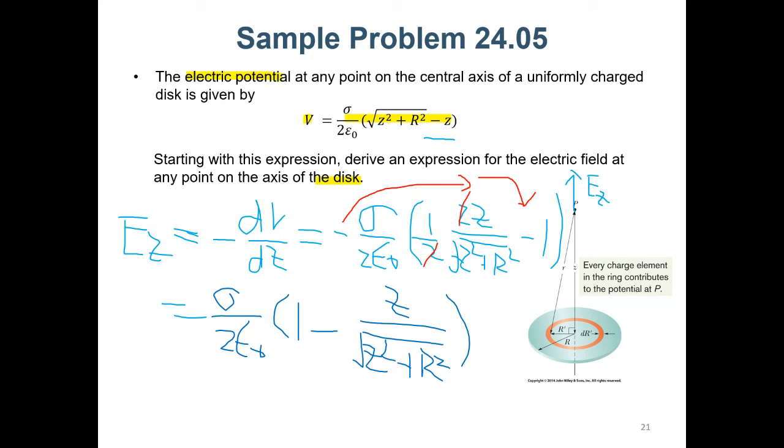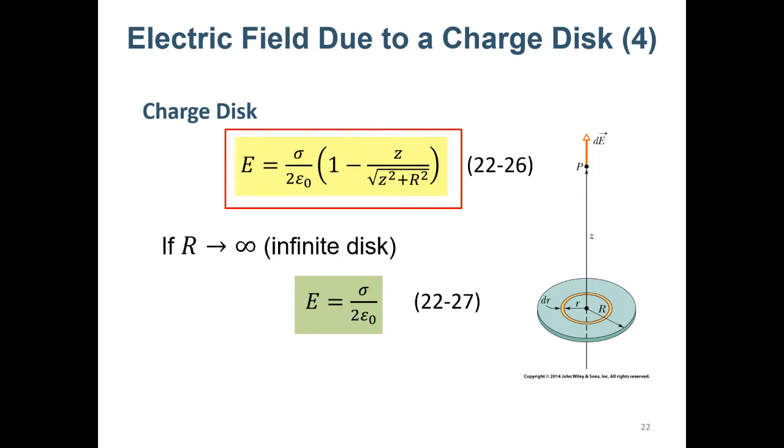We have derived it in chapter 22. At that time, we needed to consider a ring, calculate dE for every ring, and integrate them together. It may be more difficult because you need to consider the y-axis component and cancel it, and then consider the z-axis component and integrate them together.